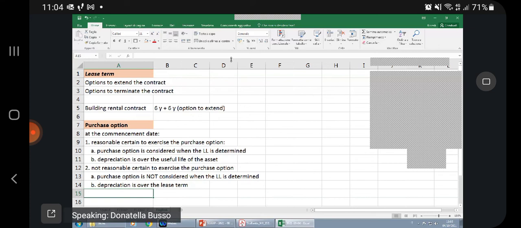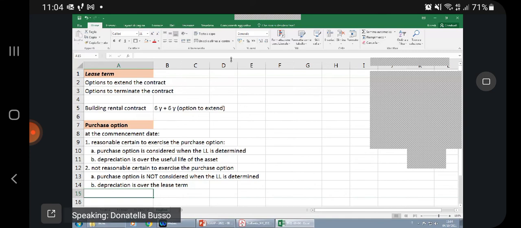But then, if at the end of the 3rd year you change idea, you should adjust both the lease liability and the right of use asset in order to consider the extension. Okay? Now our exercise, do not worry, we consider only 6 or 6 plus 6.